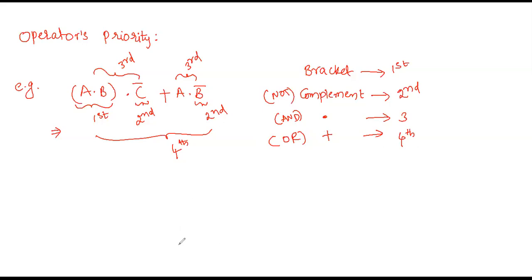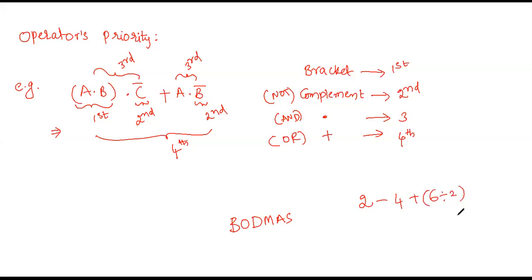So whenever we are doing mathematics of numbers, how to find out the result? We find out the result using BODMAS. For example, an equation is there: 2 minus 4 plus 6 divided by 2, like this.